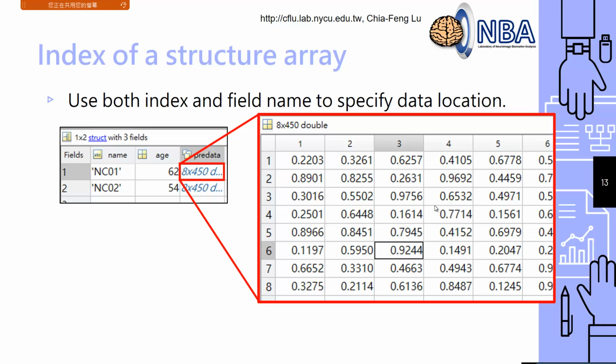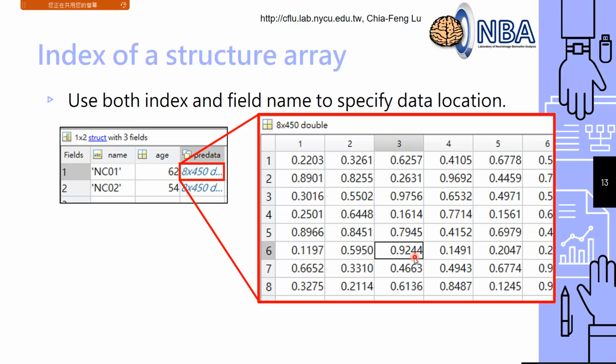For example, I'm going to get the value for the very first subject right here. This is the first subject. I'm going to get the value of this predata field. And we all know that predata contains the number arrays like the 8 by 450, right?